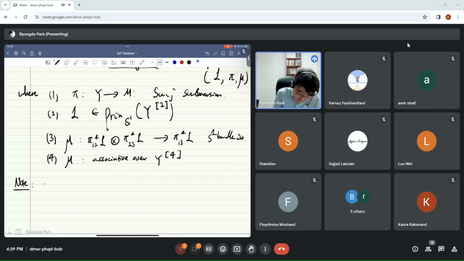let's define this Y sub U as follows. It consists of pairs x, comma i. Here, x is in M, the base manifold, and i is coming from Lambda.